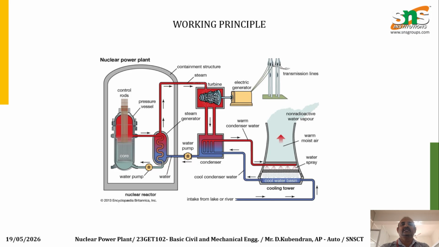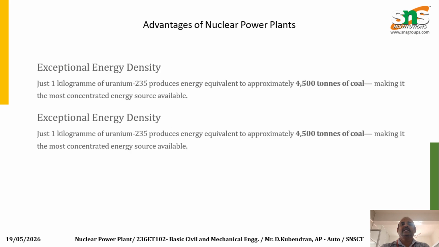Heat dissipation. The steam is condensed back into water in the condenser and the process continues in a closed-loop system. Continuous monitoring. Sensors and control systems constantly monitor radiation, temperature and pressure to ensure the reactor is functioning safely.